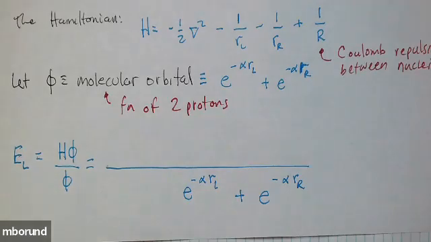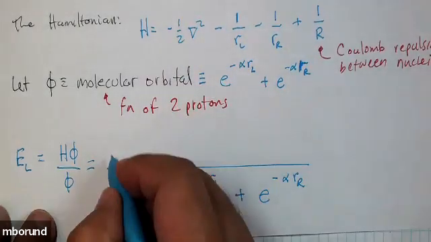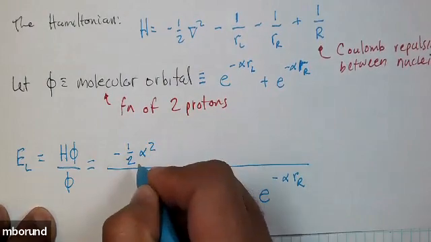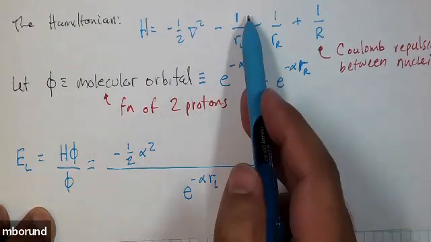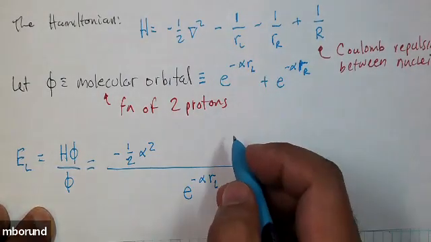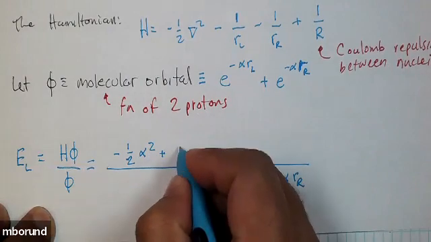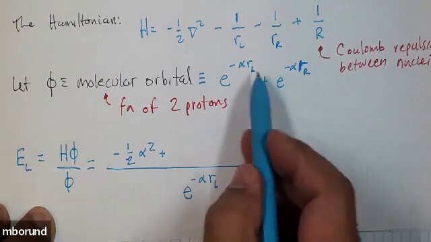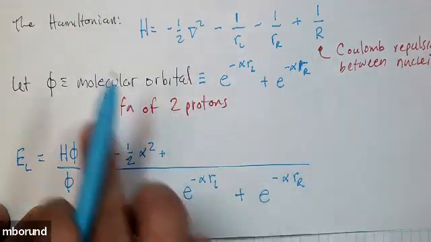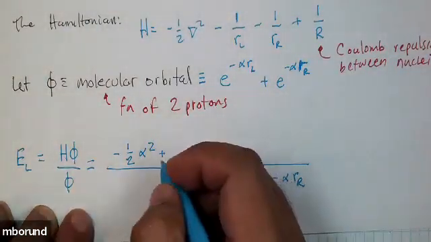What goes on the top? I have to do this term right here. That's gonna bring down the alpha square. Then I have this term right here. All right, so I'm putting this into my Hamiltonian and operating on it, and then going step by step.